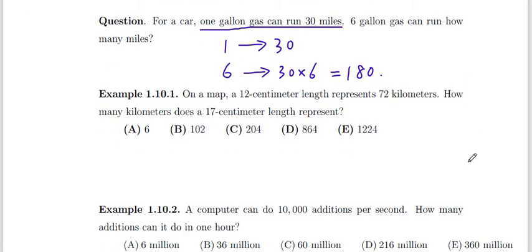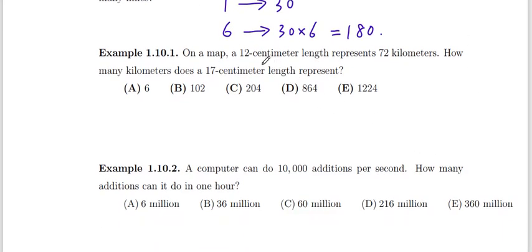For a map, we usually use this ratio. Let's say 12 centimeters represents 72 kilometers. So we can say 12 over 72, this ratio equals 17 over x.